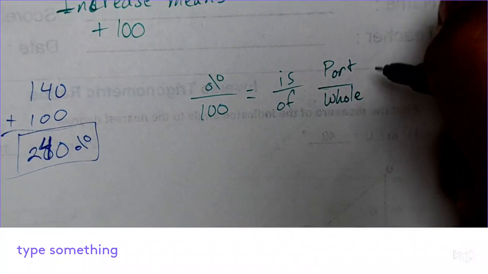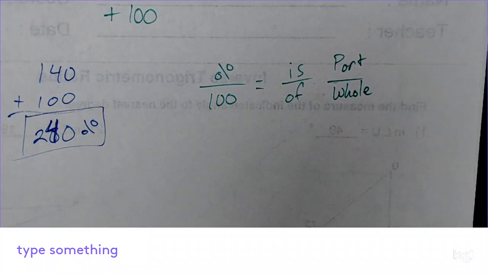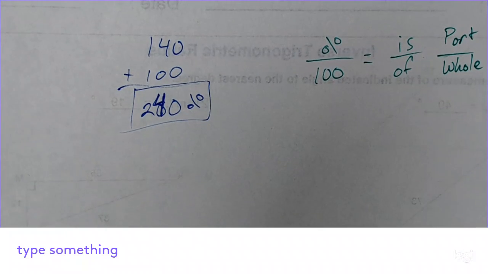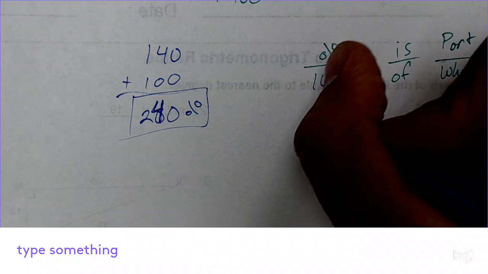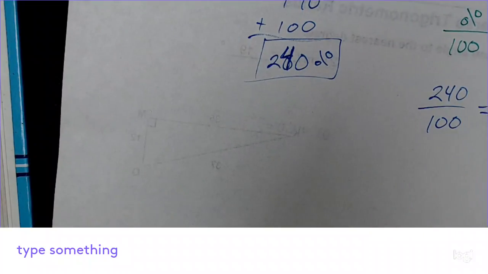Okay? Part over whole being the percentage over the whole, right? Now, let's take that 240, we'll plug it into this equation, okay? So 240 is our new percent, so we're going to make that 240 over 100, so this is going to be a larger than 100% problem.